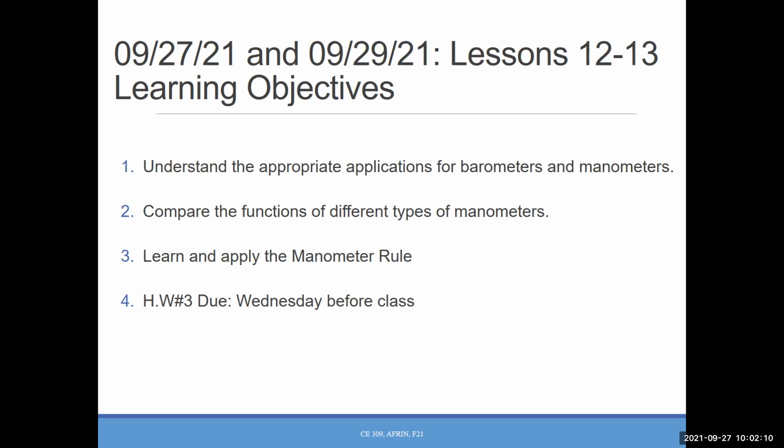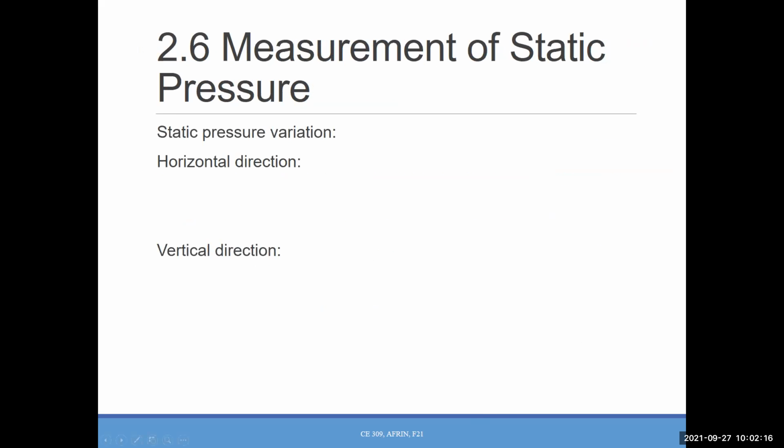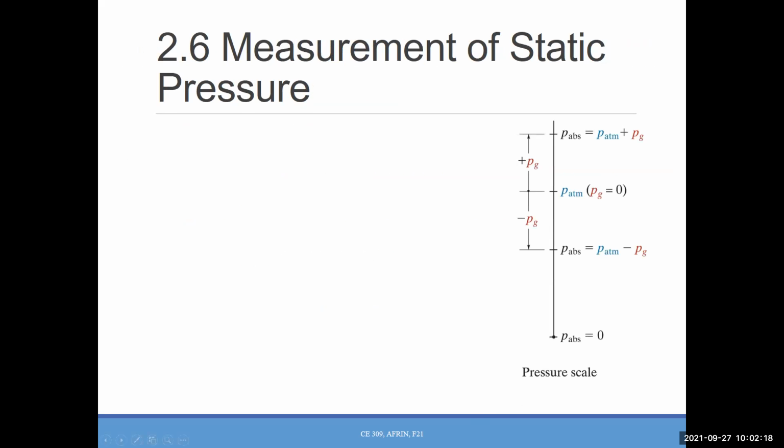Today's lesson actually. So the very first thing, remind me what was the relation between P absolute and P gauge. Absolute pressure is when we measure from a vacuum, like there is nothing.